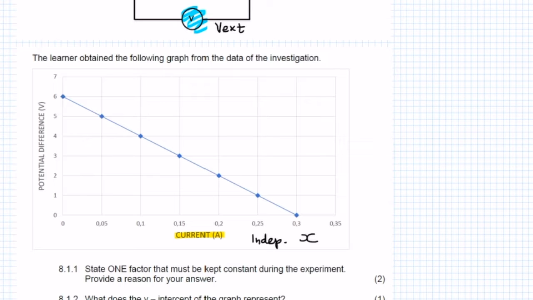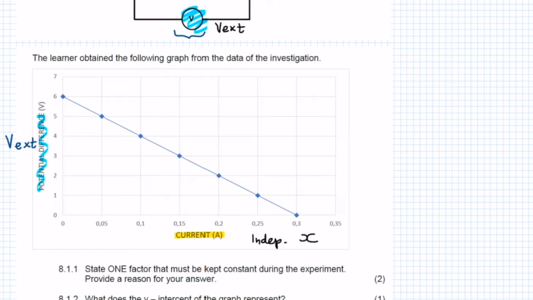On the y-axis, we see potential difference measured in volts. This potential difference is the potential difference that is being measured across the variable resistor, and it is therefore V external specifically. It is not the EMF, it is not the internal potential difference, also known as lost volts, but instead it is the potential difference that is being provided to the load.